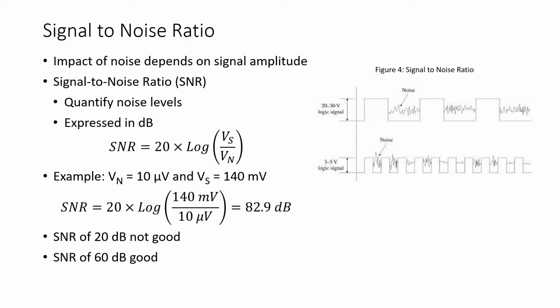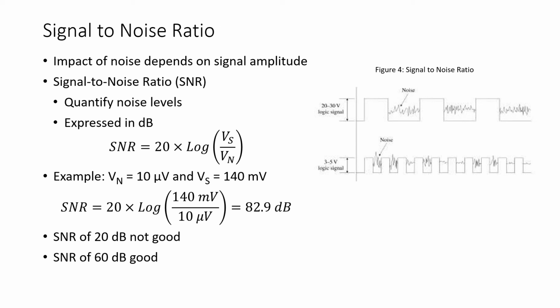And we see examples of noise with respect to a signal in figure 4, and you can hopefully appreciate the fact the larger the signal, the less impact that noise will have on the desired signal or the information that we're transmitting. Now, a signal to noise ratio of 20 dB is not real good.